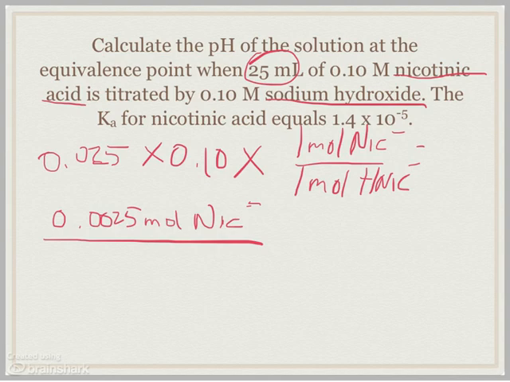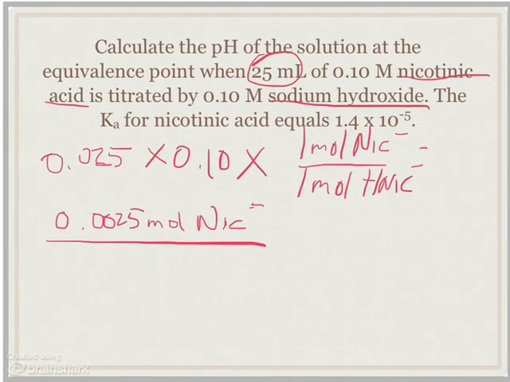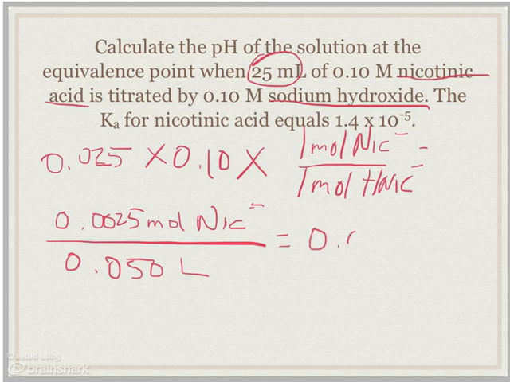So knowing that, the total volume in this case is going to be 50. So divide that by 50 and you end up with a concentration for the salt of 0.05.